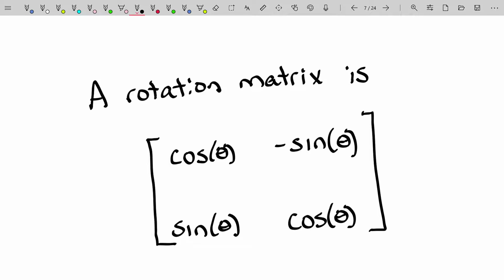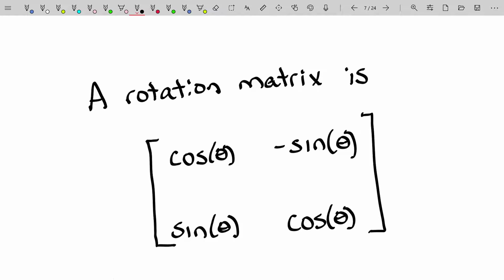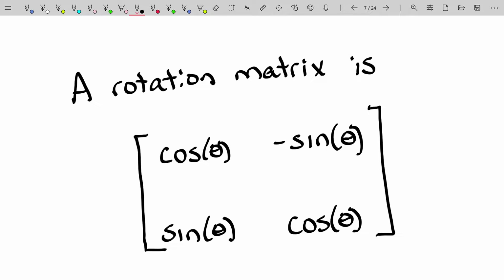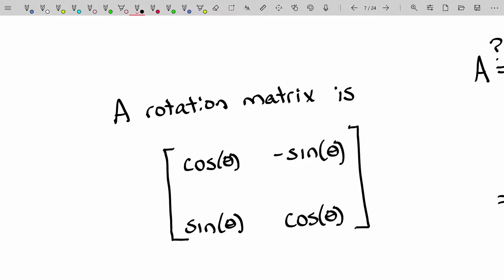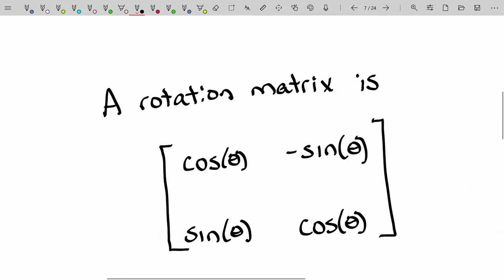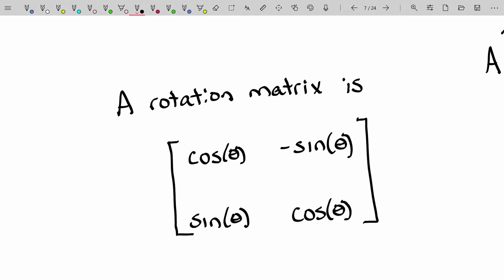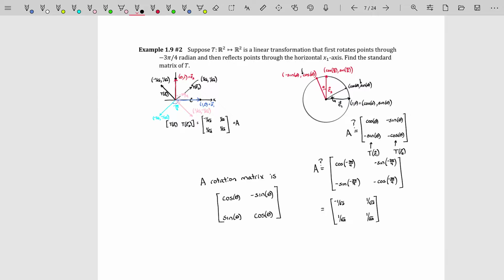So if somebody said, hey, I need this transformation to rotate vectors through 7 pi over 6 radians, then you just plug in 7 pi over 6 for all these thetas, and that would give you your standard matrix for your transformation. And if somebody said I needed to flip about an axis, then you just need to figure out what to negate here to get your vectors to flip about the appropriate axes. And that usually is done through just a picture like we did in this example.